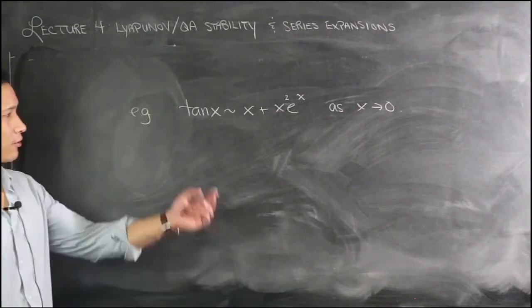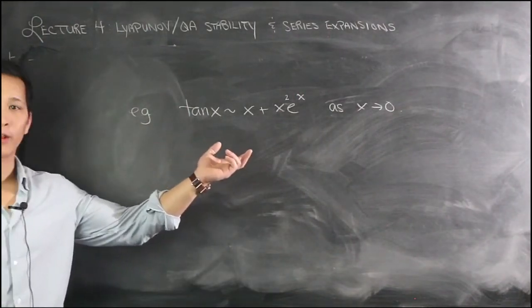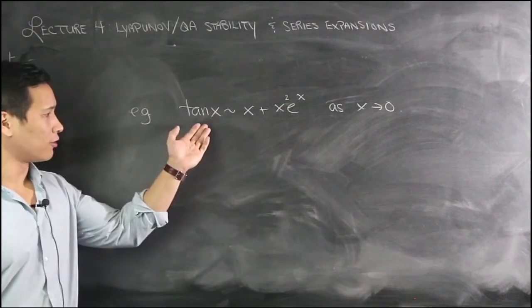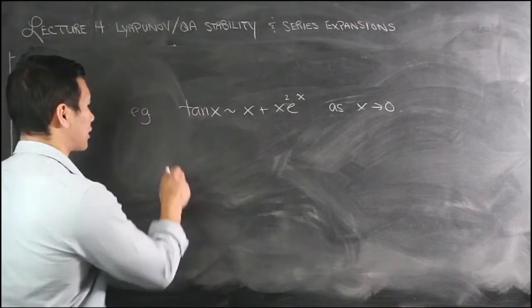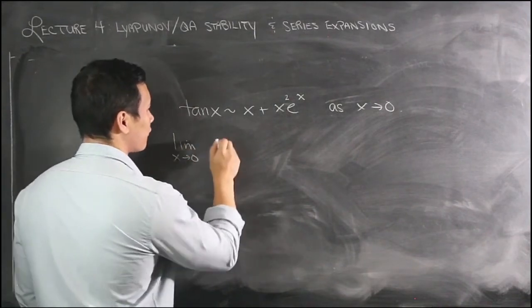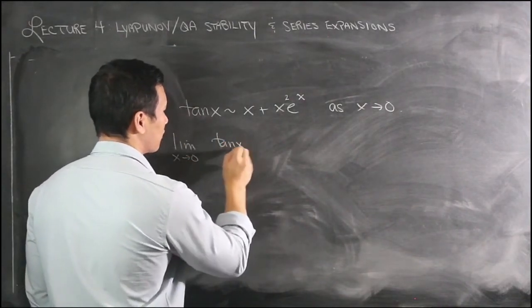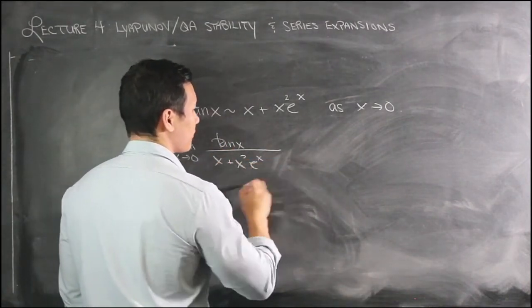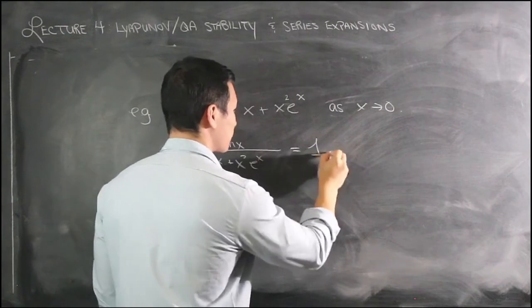Okay? Again, you can either plot the function, in which case you'd see what's happening, or you just prove it. So here the limit as x tends to 0 of tan x over x plus x squared e to the x is equal to 1.